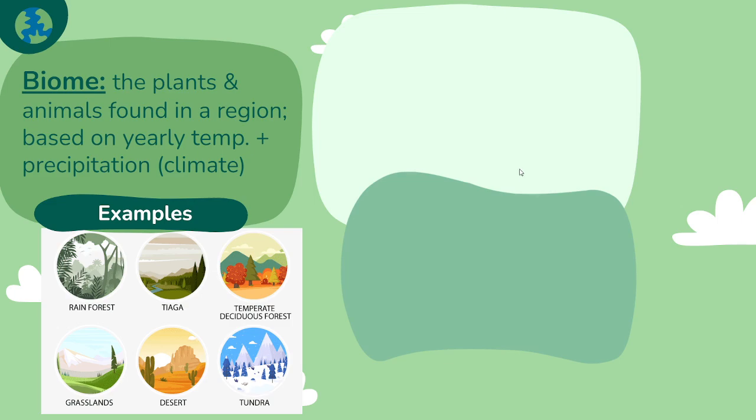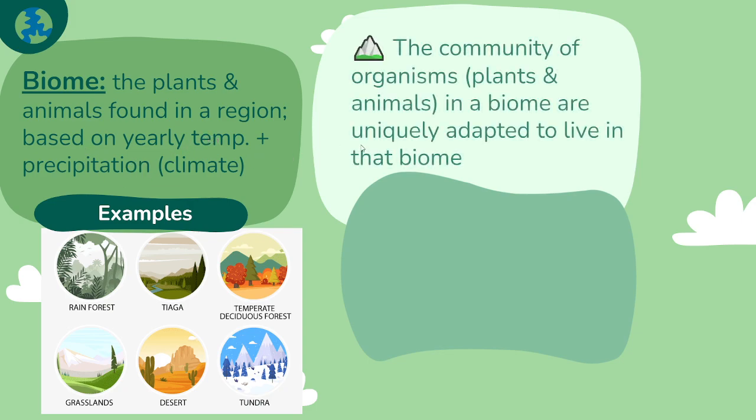Now, a biome is just the area of the world where we find specific plants and animals, and it is generally based on two key factors. One is annual average temperature, and the other is precipitation.